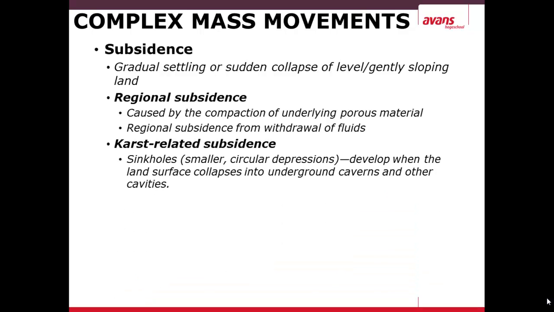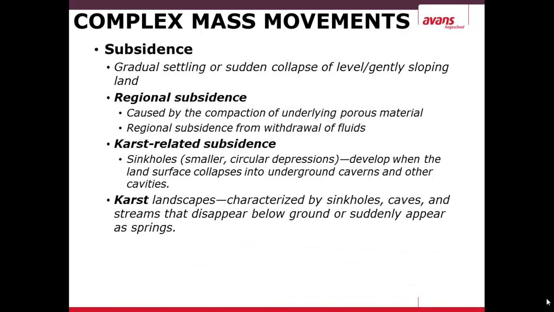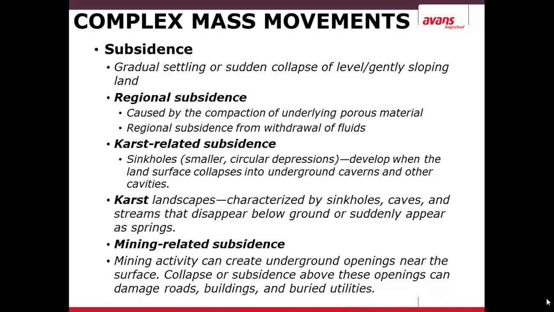It can also be karst-related subsidence, so a sinkhole, which is an underground cavern caused by dissolving rock, such as limestone. Karst landscapes have lots of sinkholes and caves, as well as underground streams that suddenly appear. And there's also mining-related subsidence caused by mining activity.